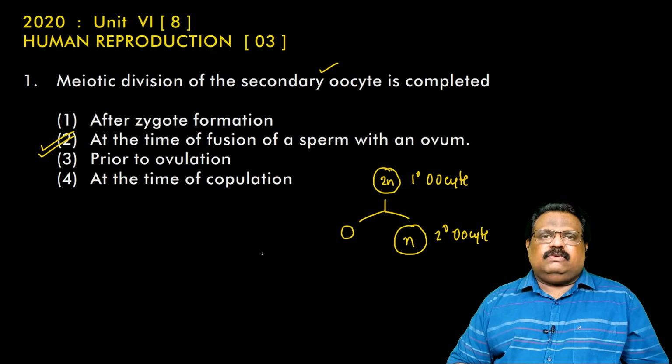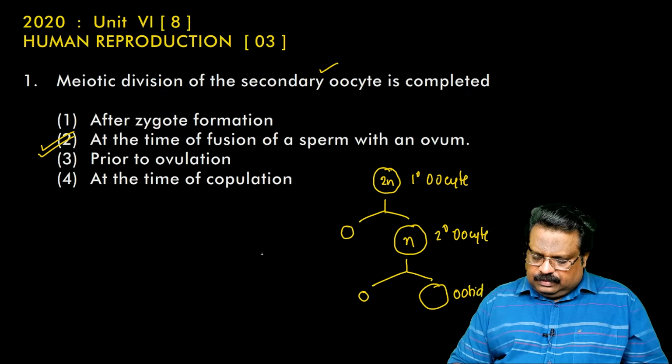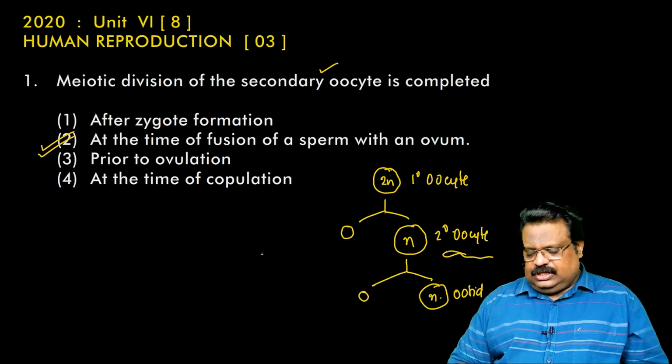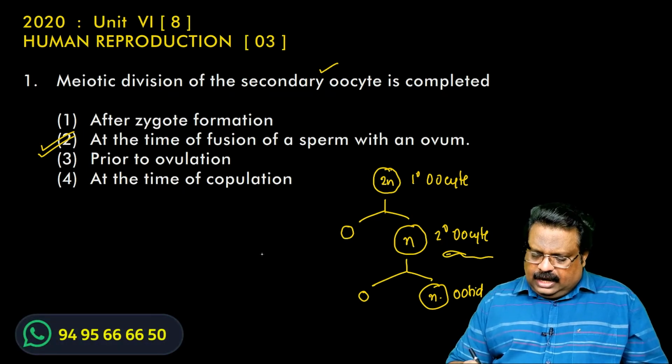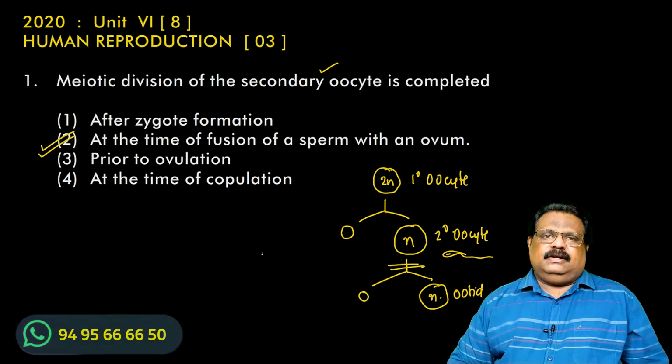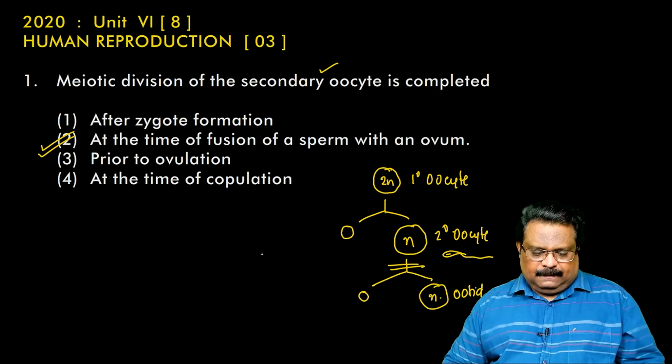Then the secondary oocyte undergoes the second stage of meiosis producing the secondary polar body and what is called the ootid. So at this point fertilization takes place in the secondary oocyte, and at the time of fertilization the meiotic division will be completed. So the second choice is the correct answer.